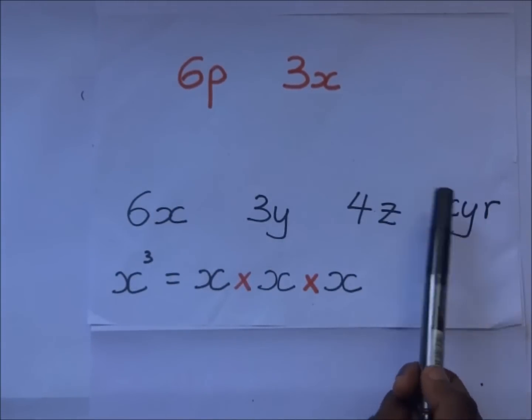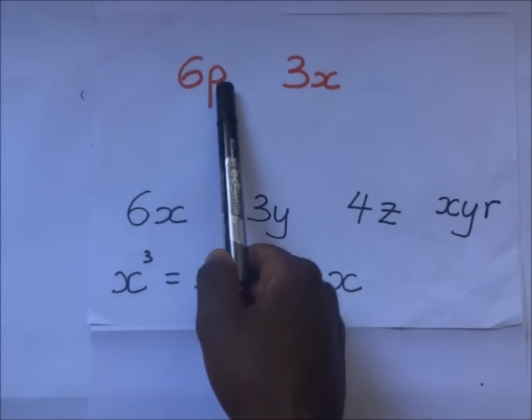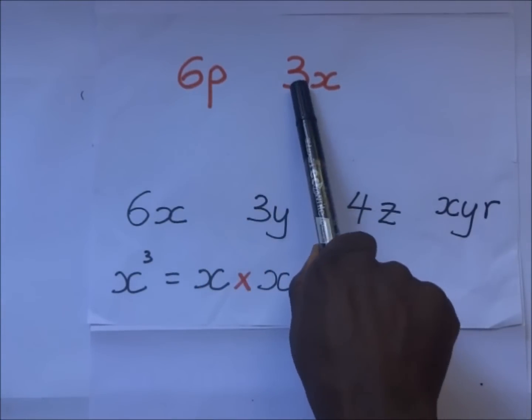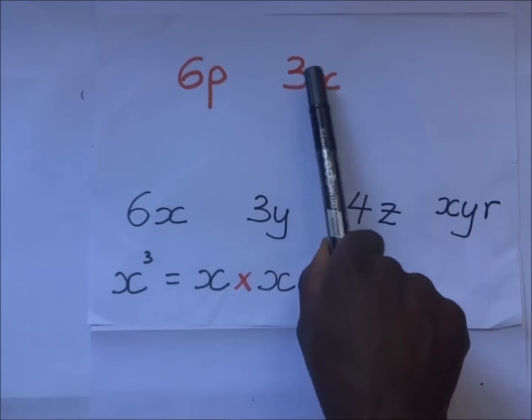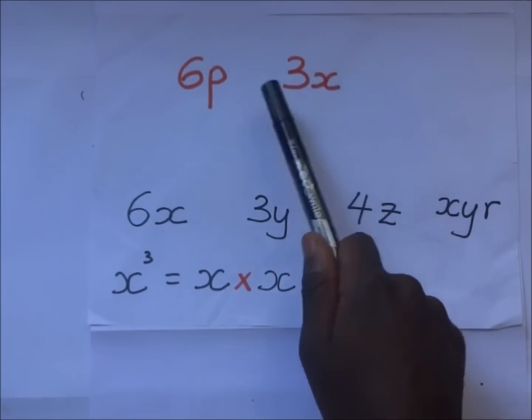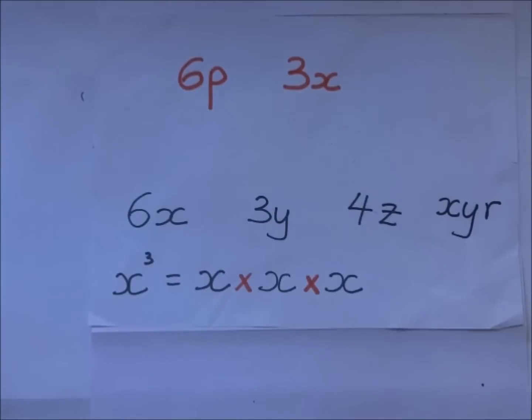It is because we are multiplying a number, a factor 6, by a variable. We multiply 3, which is a factor, by a variable. When you multiply a factor by a variable, you don't need to put the multiplication sign. You just call it 6p or 3x. So that is one issue we need to know.